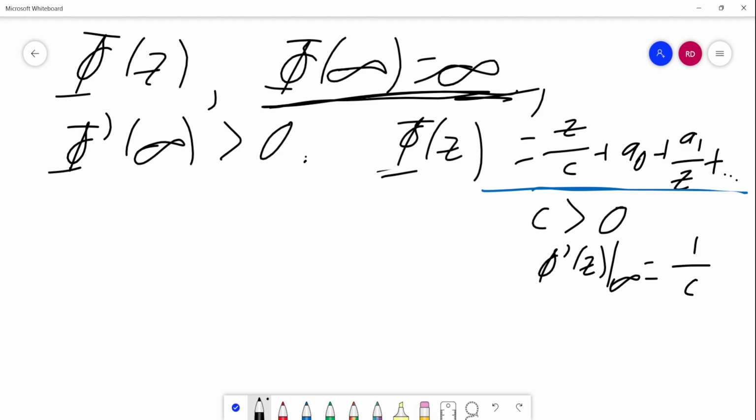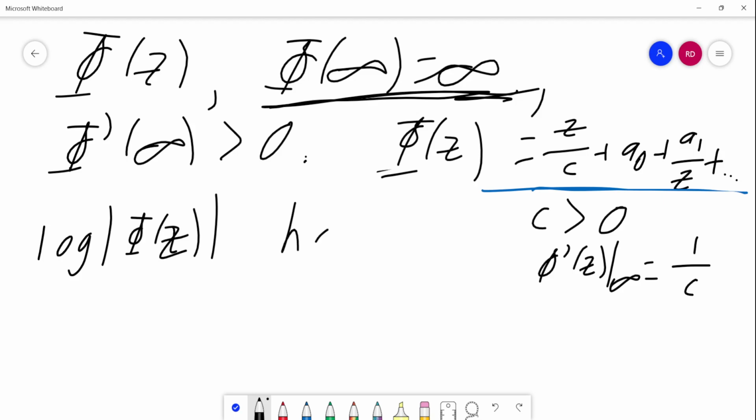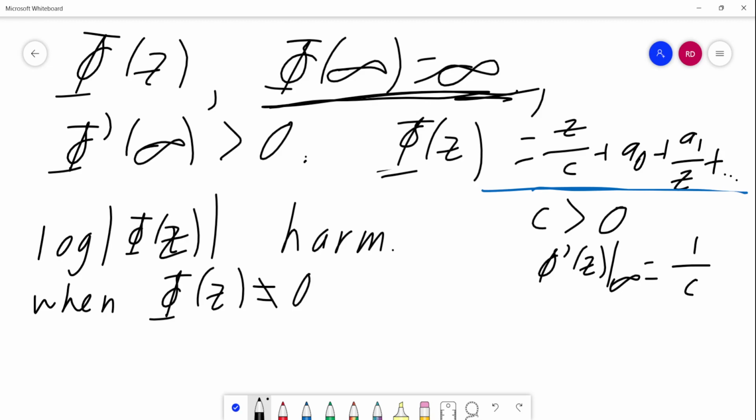Now, what do we know about this function here? And better yet, what do we know about this log function? Well, this function is harmonic when phi of z is non-zero.